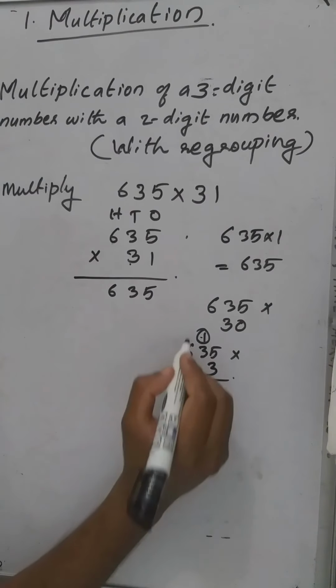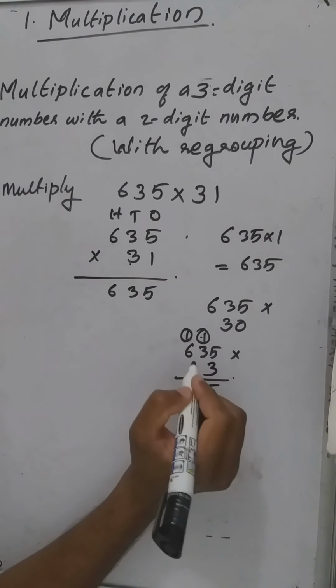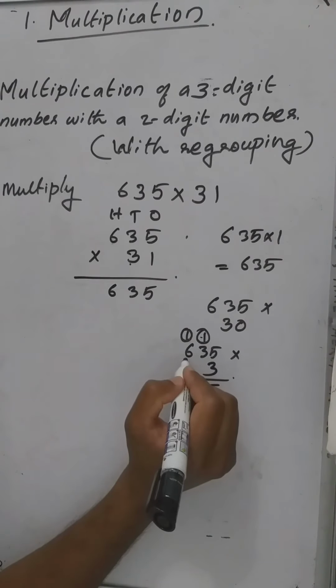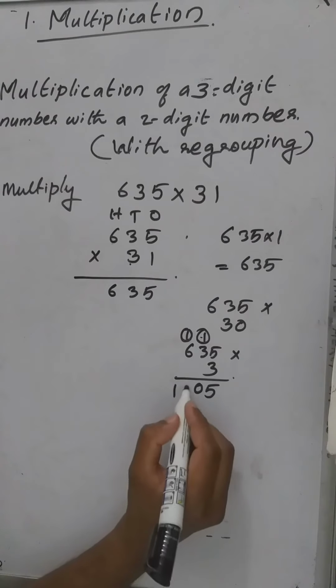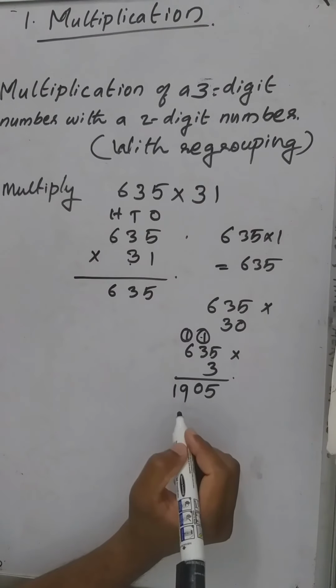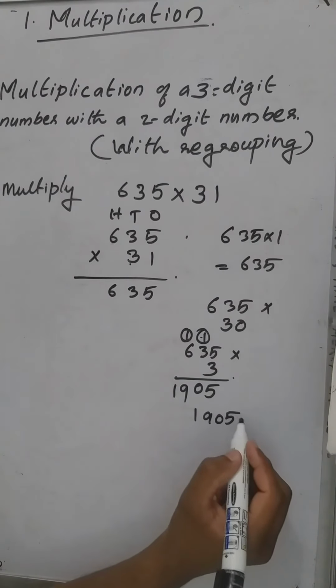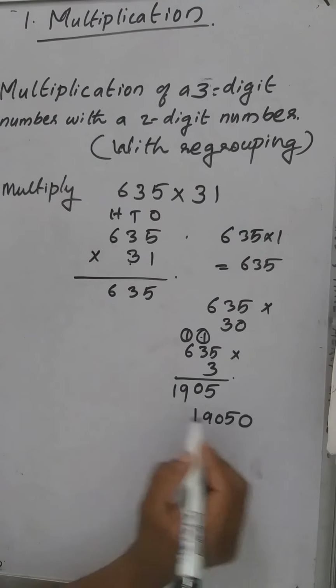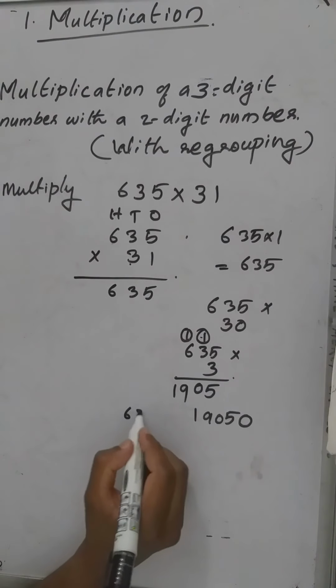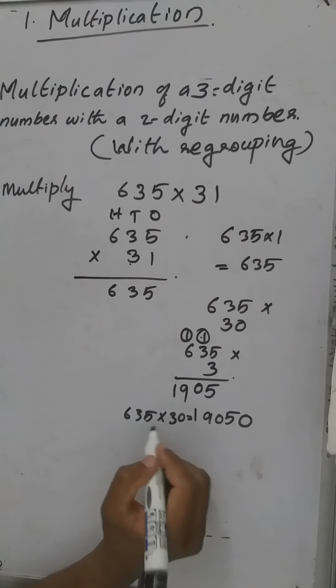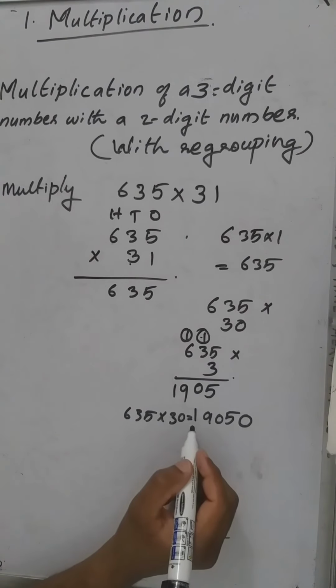Again 1 we can carry forward to this 6, then 3 6s are 18 plus 1, 19. 1905. Then put 0. Then you get 635 multiplied by 30 is equal to 19,050.